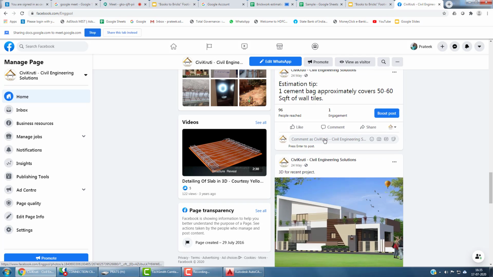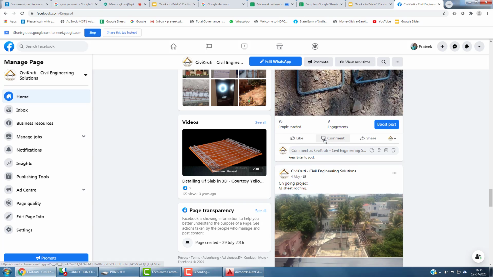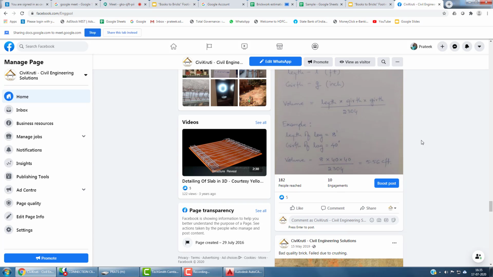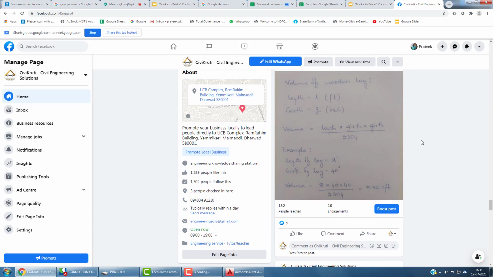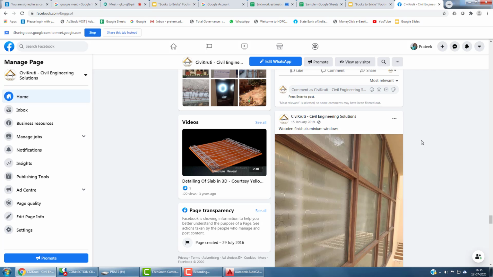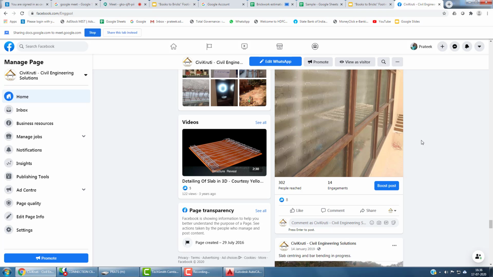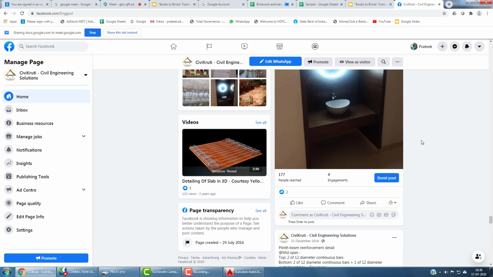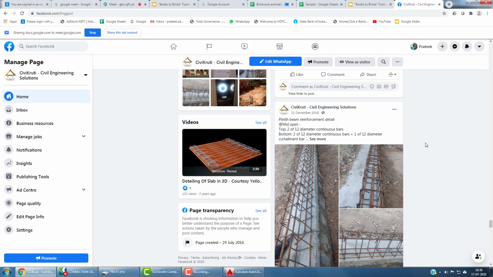Any other answers? What is that equation that I have to use for calculating kg per meter of any given bar?